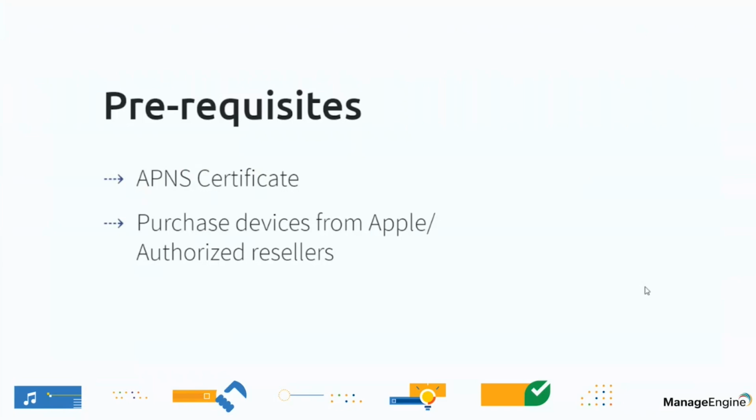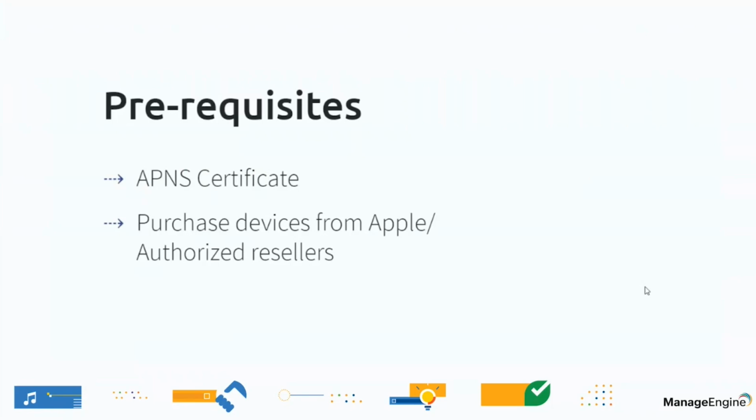So Apple Push Notification is the notification service that's used by Apple to establish communication between Apple devices and your MDM solution, which is Endpoint Central. So it could be for iOS, iPadOS, or Mac. Any kind of Apple device that you're looking to manage, the first thing that you need to do is configuring APNS certificate. So that's the primary requirement.